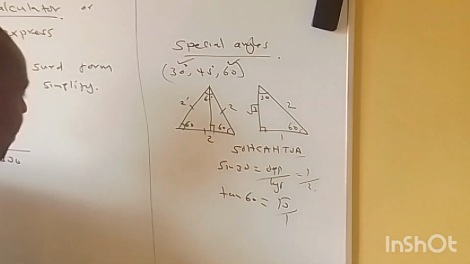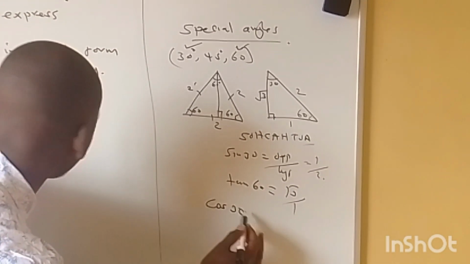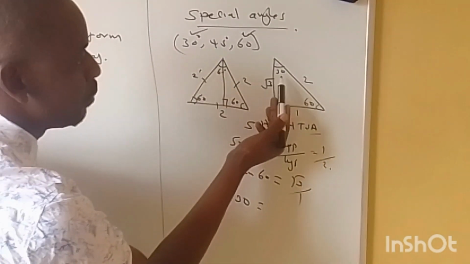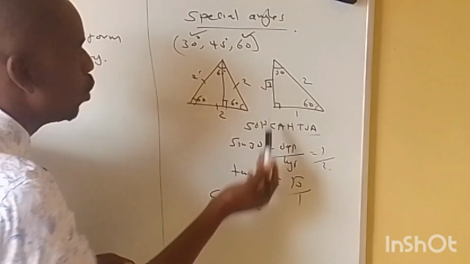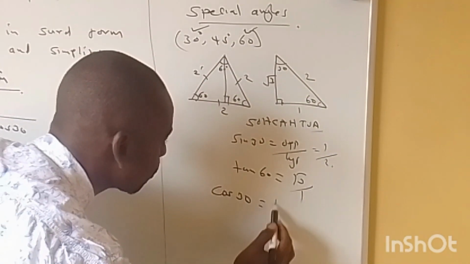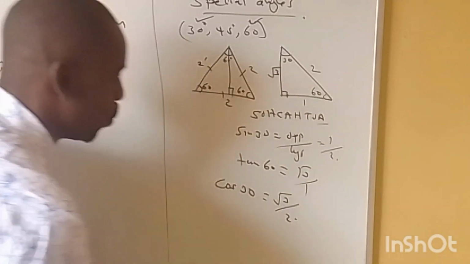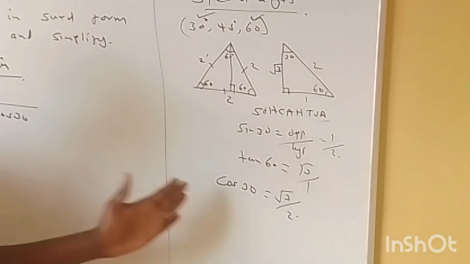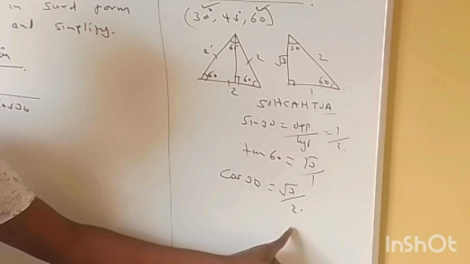So the cos of 30 that we want, with our reference here with the 30, cos is equal to adjacent, which is root 3, over hypotenuse, which is 2. So the cosine of 30 in surd form is root 3 over 2.